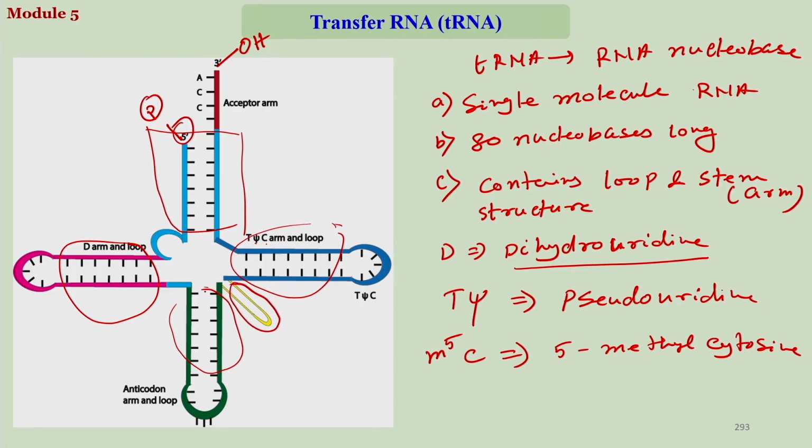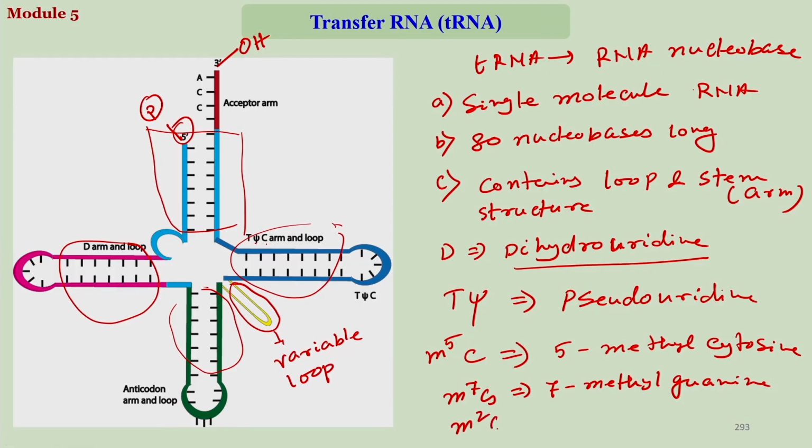In this part, this is called the variable loop. And this contains a number of modified nucleobases, mostly 7-methyl guanine, as well as 2-methyl guanine.